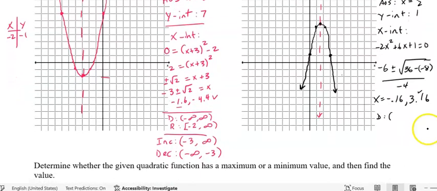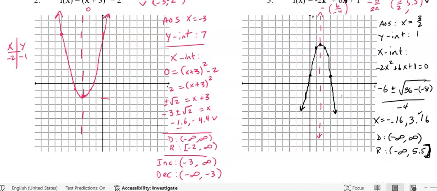So domain, of course, is going to be all reals. Range is going to be from negative infinity up to this y coordinate of the vertex, which was 5.5. And that should be bracketed. I think it was 5.5, wasn't it? Yep.